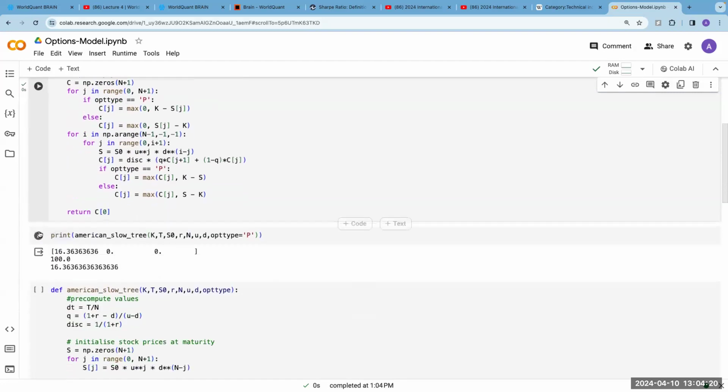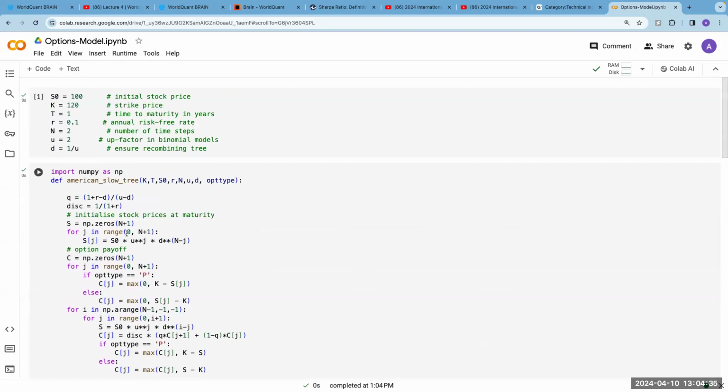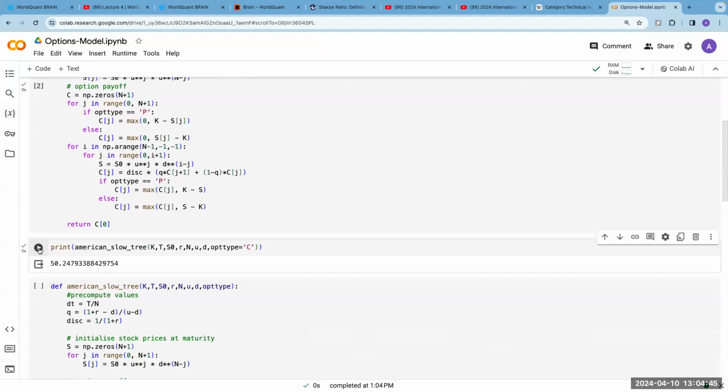Okay, what is that? No, we used a call option. So you can try changing values and see how the output varies.